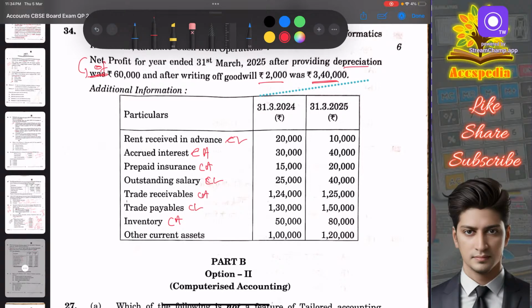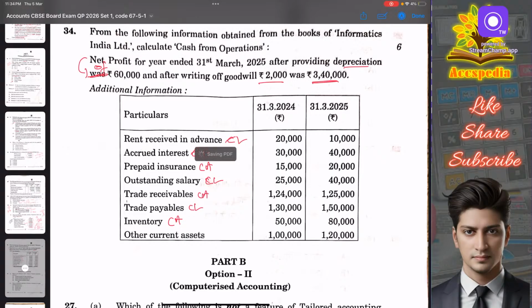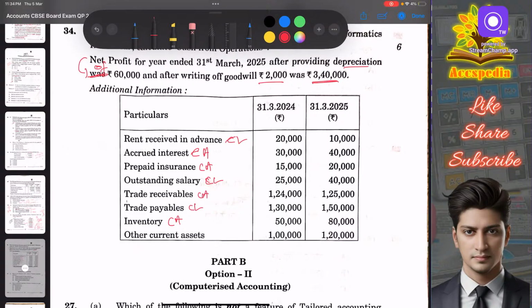Accrued interest on loan or investment is not specified. Generally they give accrued interest on investment only, so let's assume it is interest on investment. Other current asset is for working capital changes. It's a very small sum.